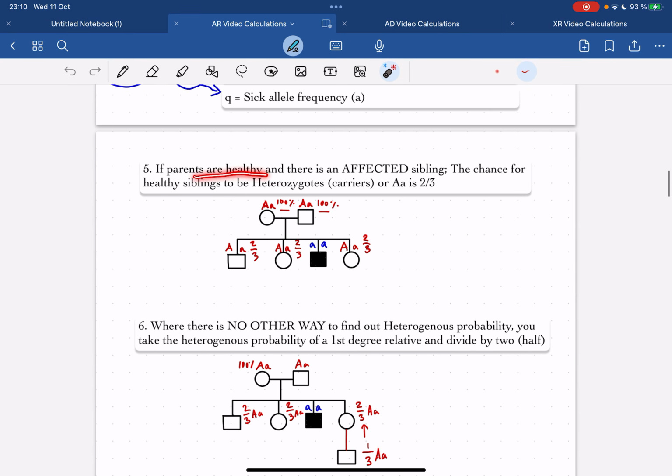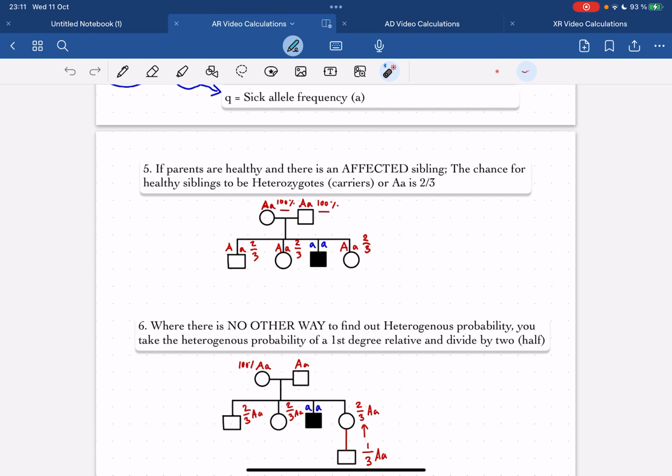If parents are healthy and there is an affected sibling, the chance for the healthy sibling to be a heterozygous carrier is 2 out of 3. So if both parents are healthy and there's an affected sibling, the healthy sibling's chance to be a carrier would be 2 out of 3.